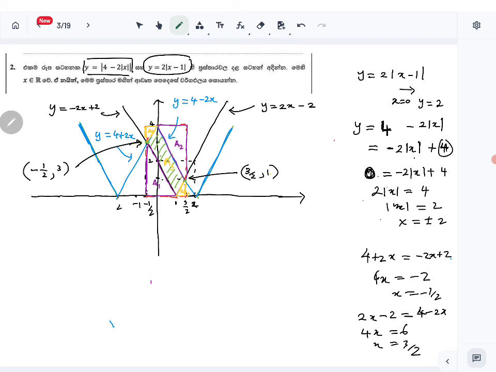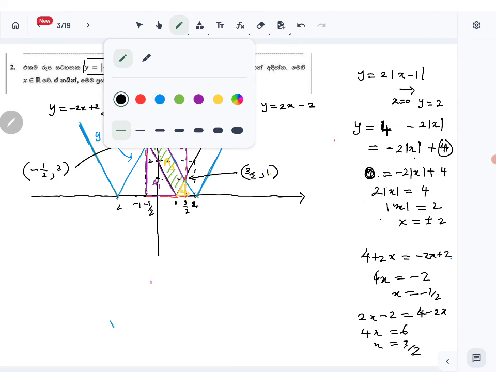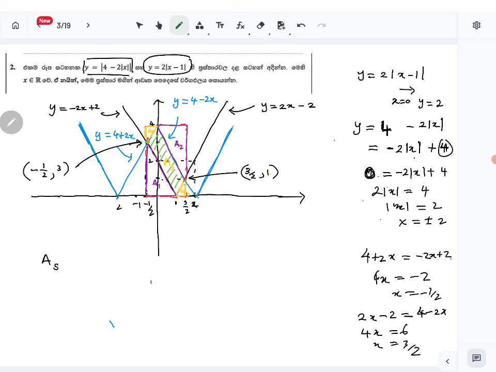So how to find A5? A5 is the area we want, the parallelogram. That is going to be, from this big rectangle, you have to get rid of what? A1, A2, A3, A4. Those 4 triangles.